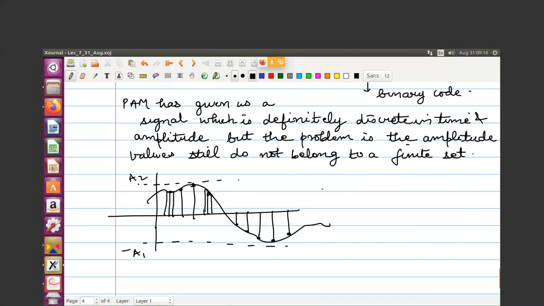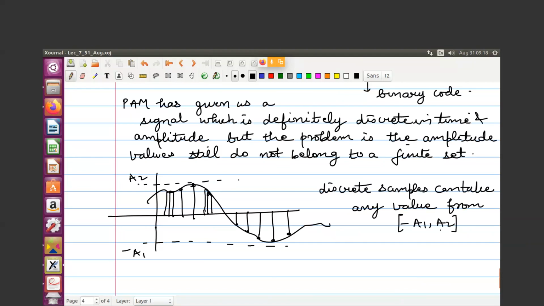So discrete samples can take any value from minus a1 to a2.